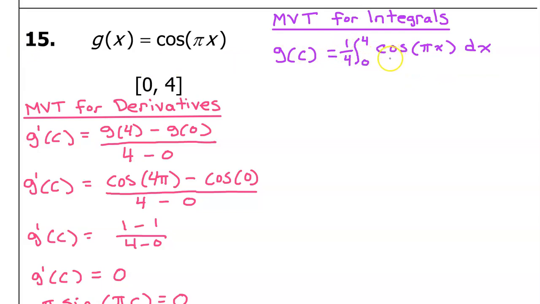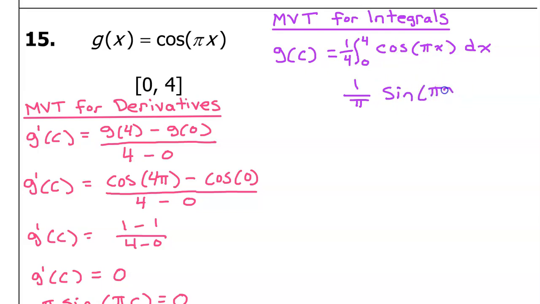I'm going to integrate cosine of pi x using some mental u substitution. If u is pi x, then the derivative of u is pi. That's going to show up as 1 over pi out in the front. So having done that, I can go ahead and take the antiderivative of cosine u, which is sine u.